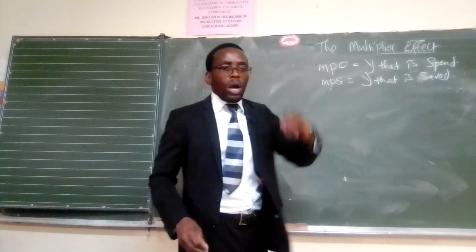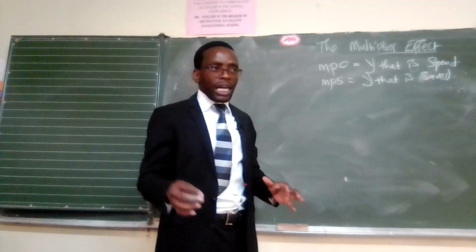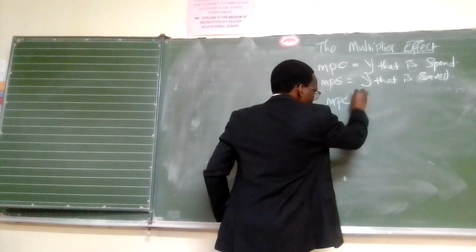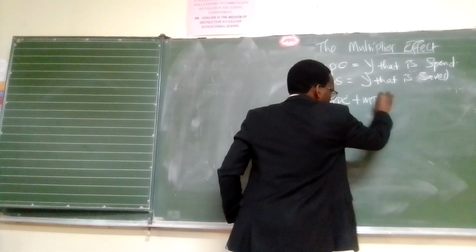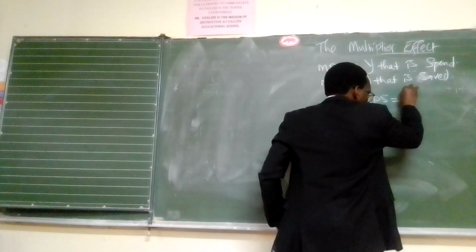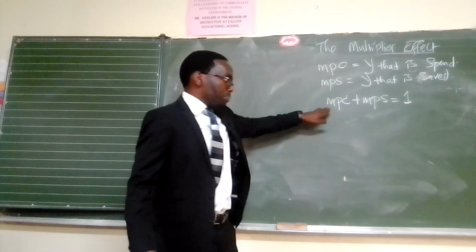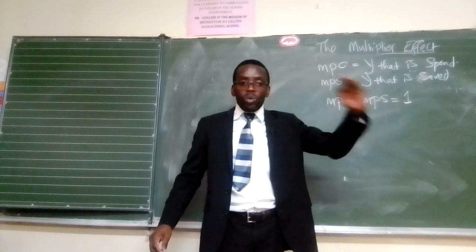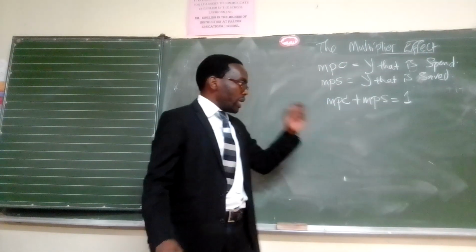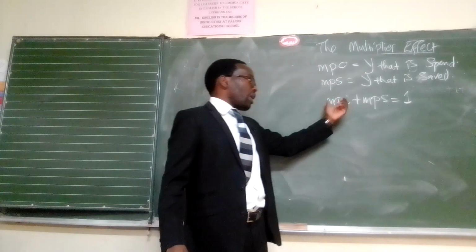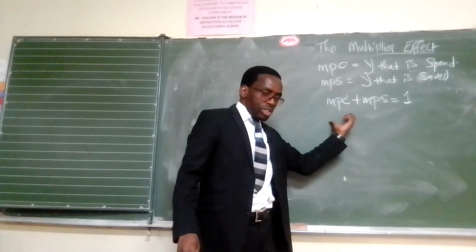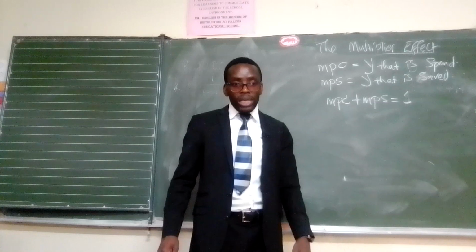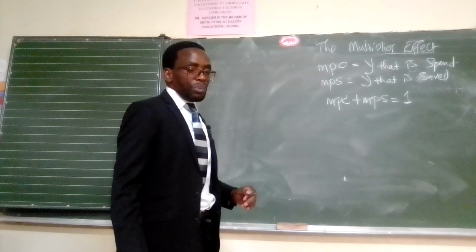So in terms of figures, MPC plus MPS is always equal to 1, because when you get an amount of money, you are either going to spend it through consumption or save it as savings.